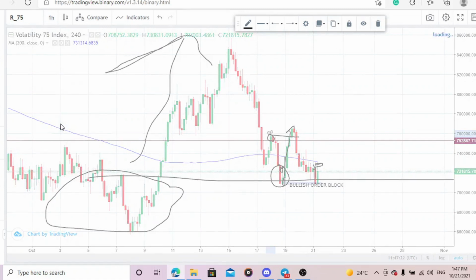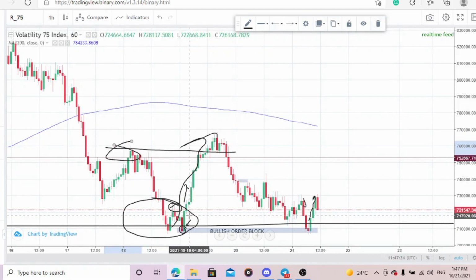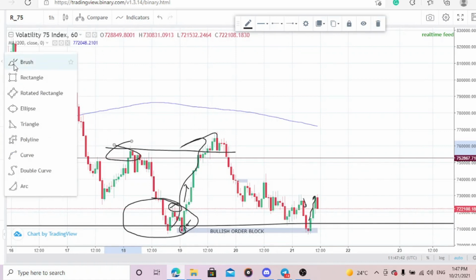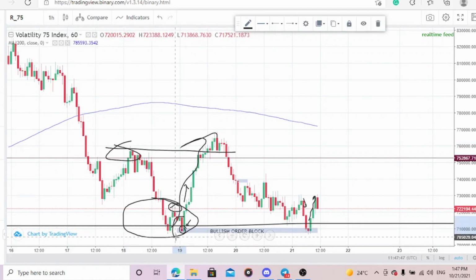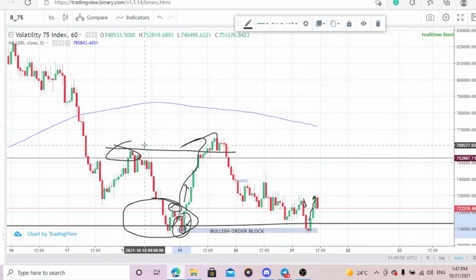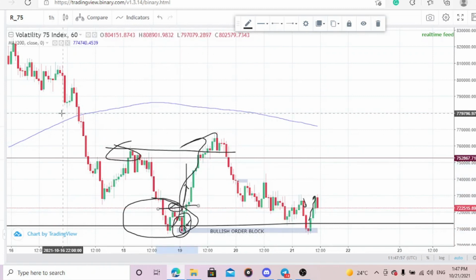Then I went to the 1 hour. In the 1 hour, there's also another order block right there, because the market went to the upside, breaking this high over here.